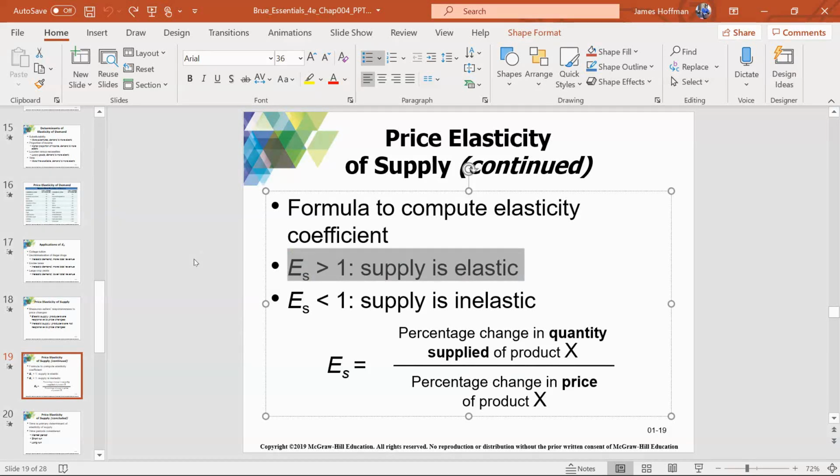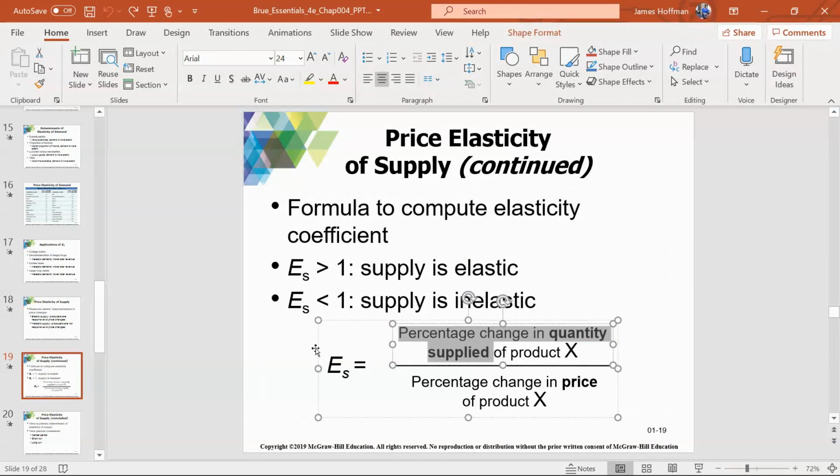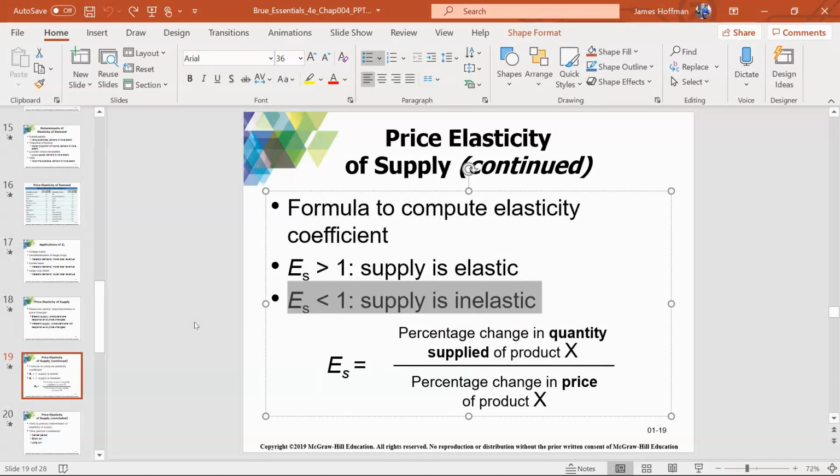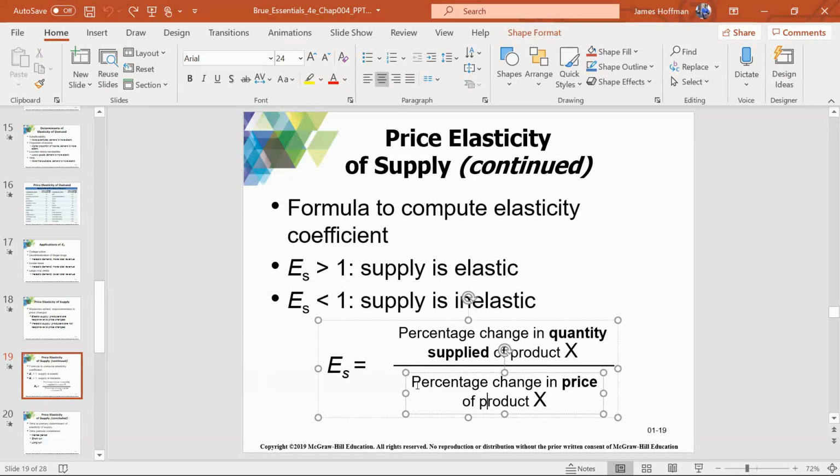If the elasticity of supply is bigger than 1, that mathematically means the supply response is bigger, the top part of this equation is bigger, so it's more responsive. If it's less than 1, it's inelastic, because the percent change in price is bigger and the whole number is less than 1. Same exact idea: bigger than 1, elastic; less than 1, inelastic.